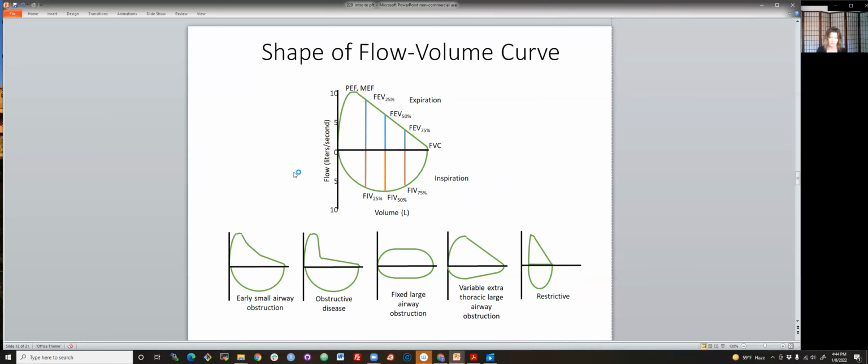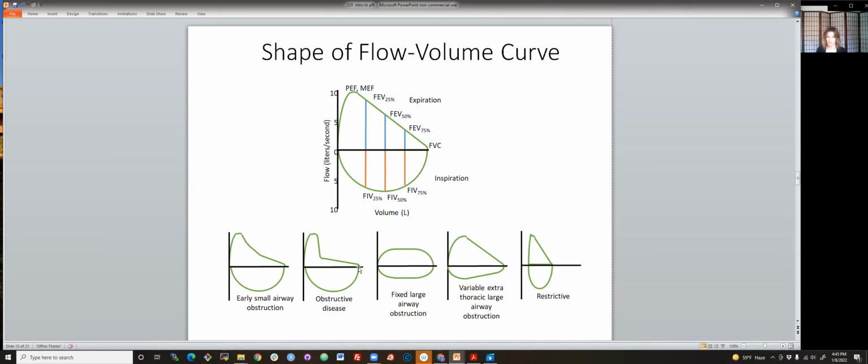If we go up here and we look at the expiratory flow volume between 25 and 75%, you can see that it decreases for somebody that has early small airway obstruction. This would be somebody with asthma, cystic fibrosis, or somebody that's experiencing smooth muscle cell contraction or edema in their conducting airways.